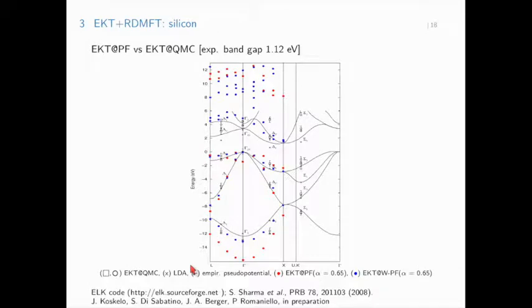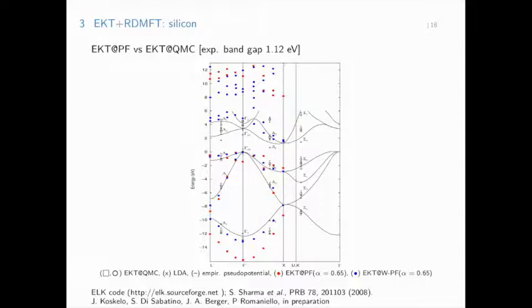When we introduce the screening in the formulation, instead we have these blue dots. Basically, we are really close to the EKT at QMC results, which means that we tend to close the band gap, which is now very close to the experimental one. So this is what happens for this simple system.